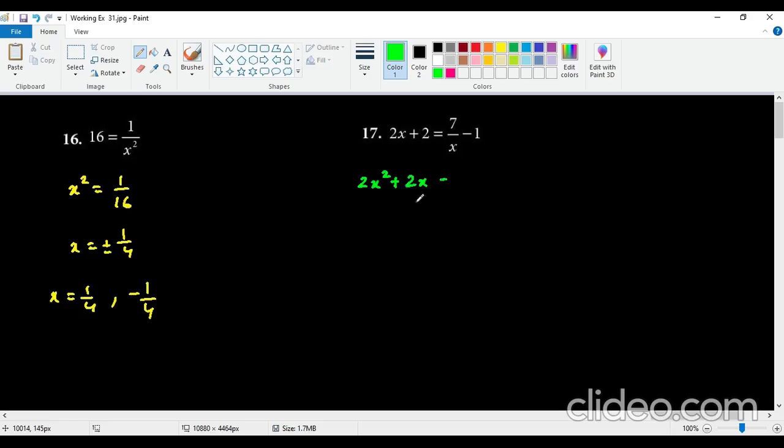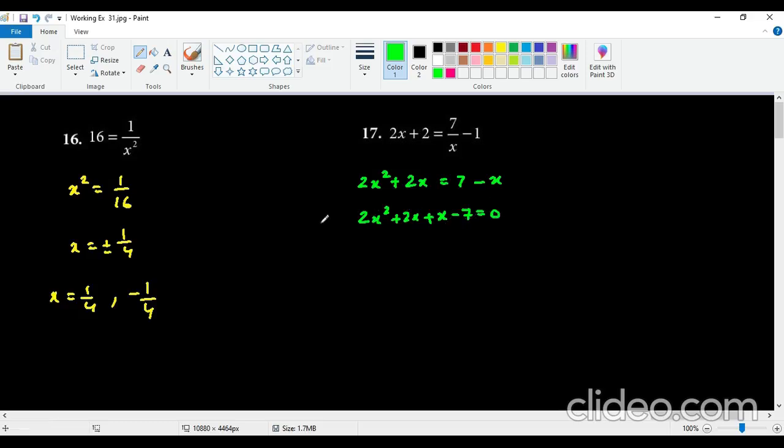So 2x squared plus 2x equals 7 minus x is going to be the equation. Now 2x squared plus 2x and plus x comes from the other side, minus 7 from the other side, so equals 0.